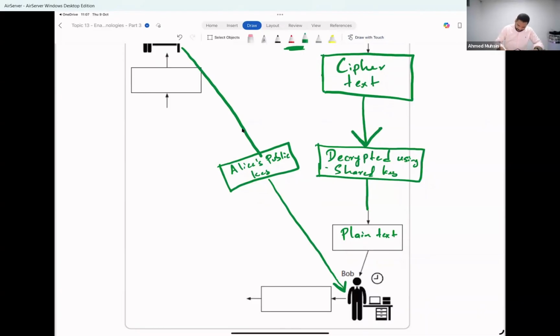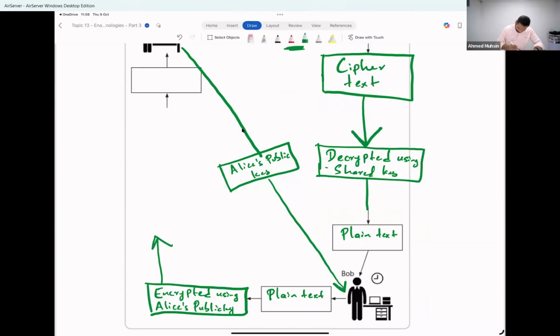Bob encrypts the plain text. Then what happens over here? Encrypted using Alice's public key. Then what do we have over here? We have ciphertext over here.